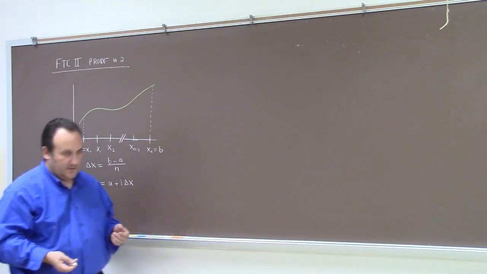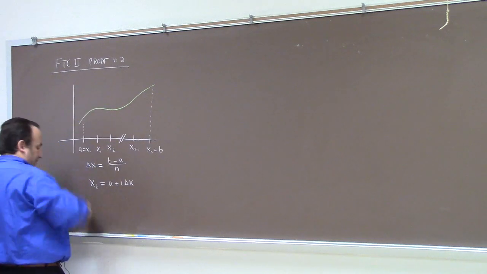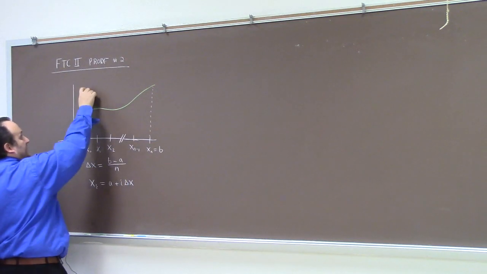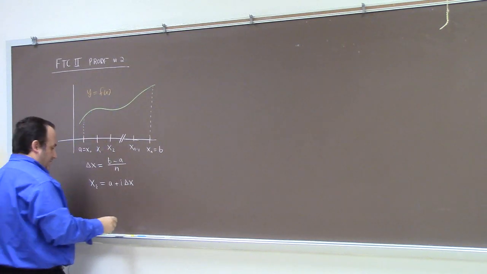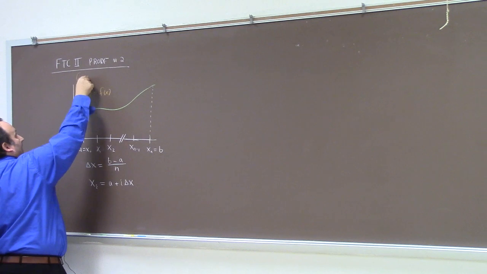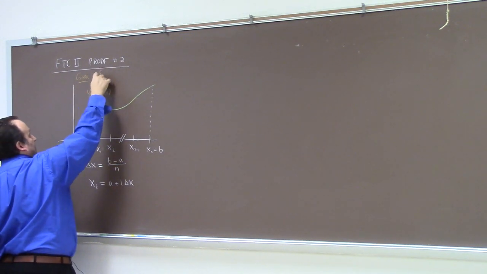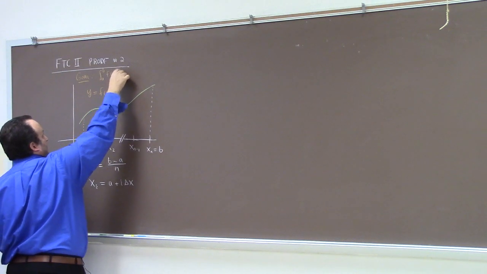Okay. And this is the graph y equals f of x, right? And our goal is to calculate the integral from a to b of f of x dx, essentially, right?